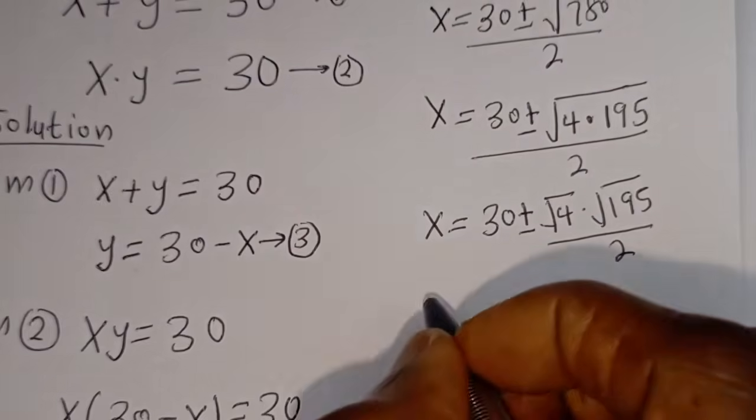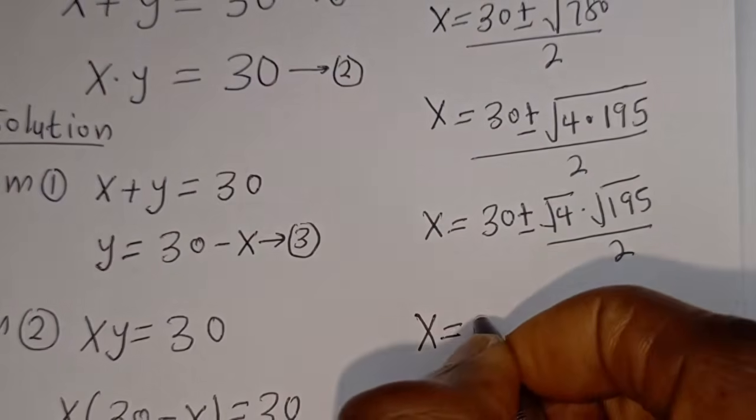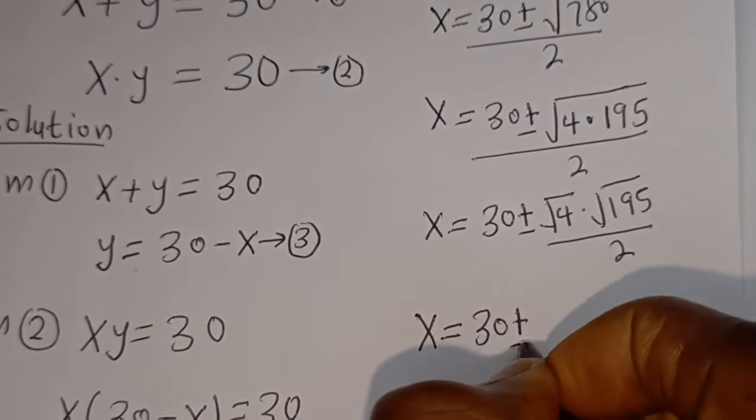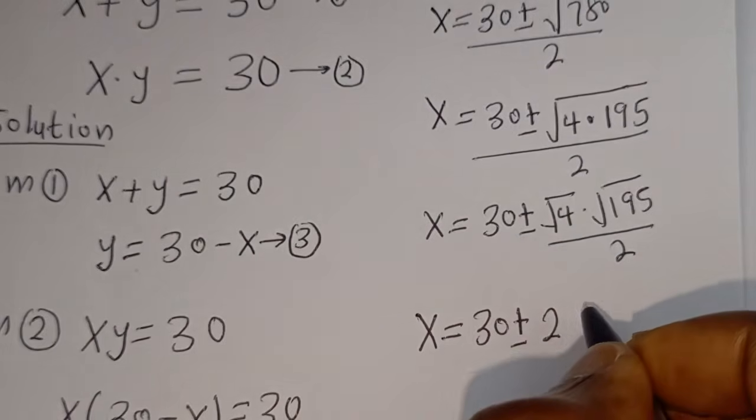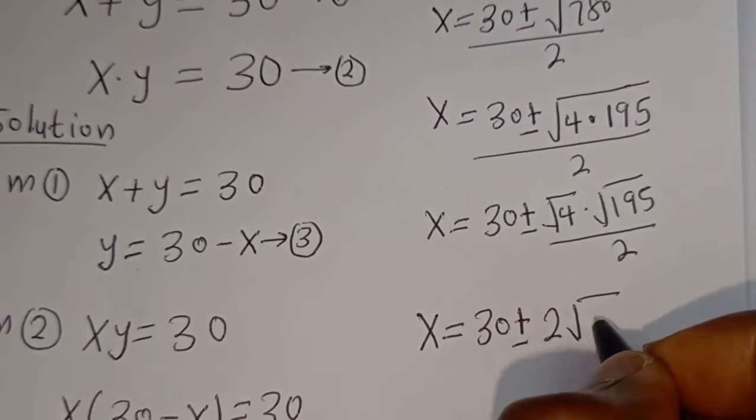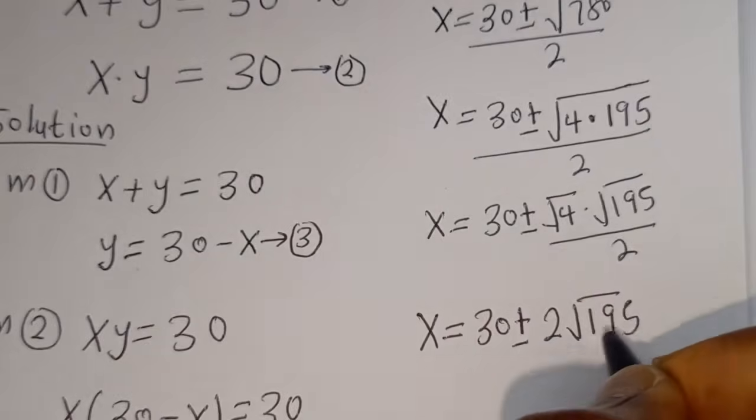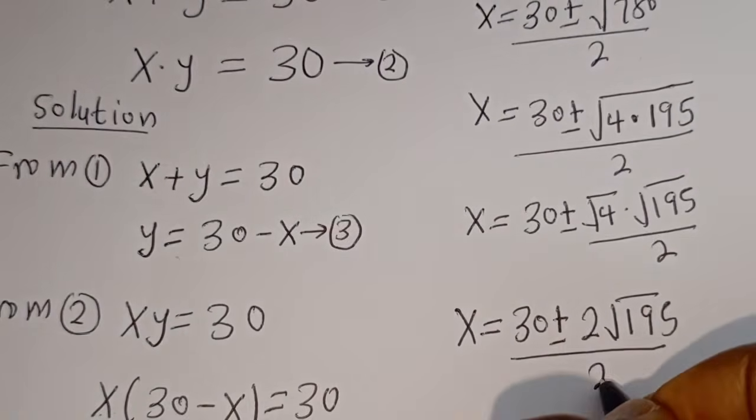x is equal to 30 plus or minus square root of 4 is 2, root 195 over 2.